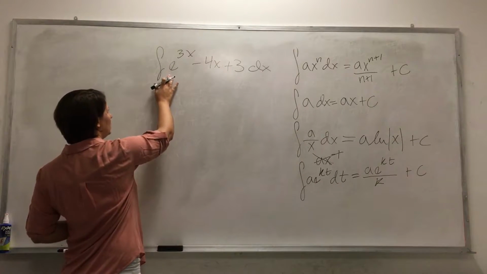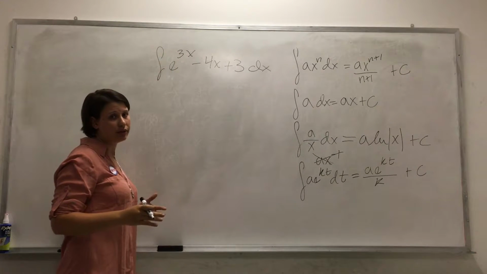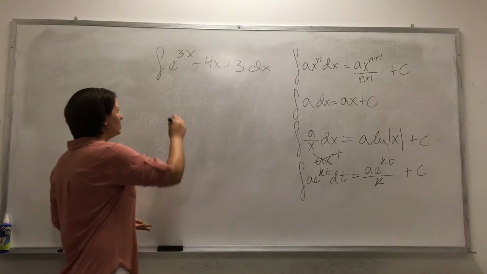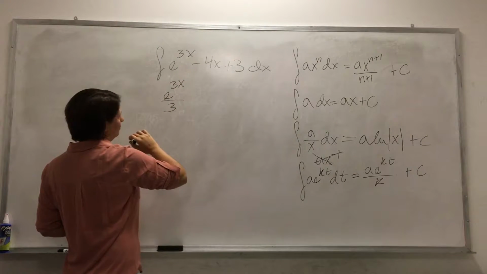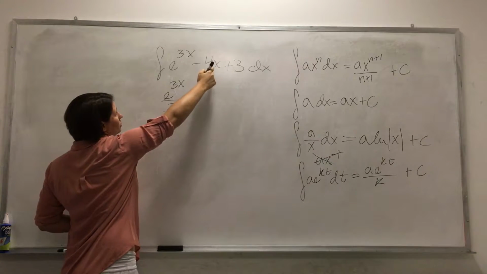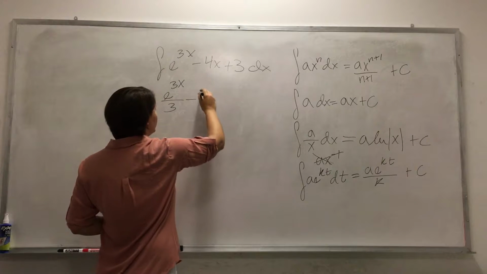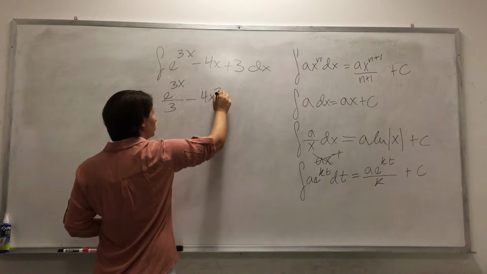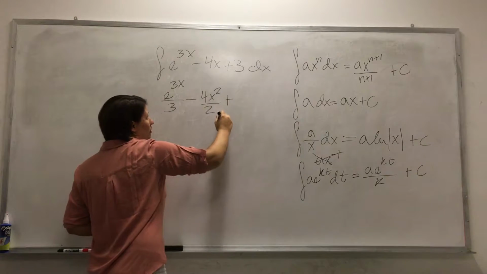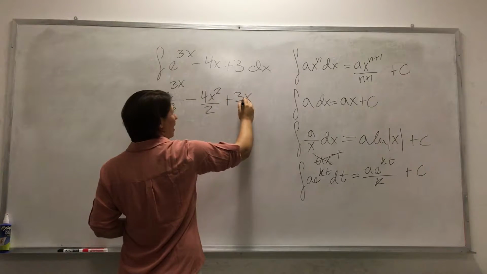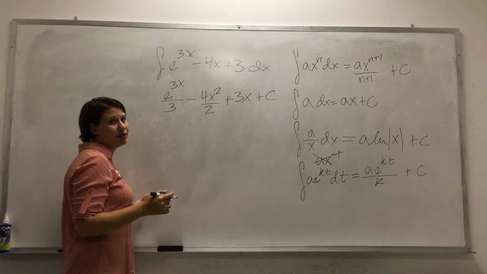So, e first, look at its exponent. 3x derivative is 3. So that means we rewrite what we have and then divide by 3. Then, 4x starts off with a 1 exponent. So we add 1 to it. So that means we have 4x to the 2 divided by 2. Then, constant. Constants get their x back. Then plus c.